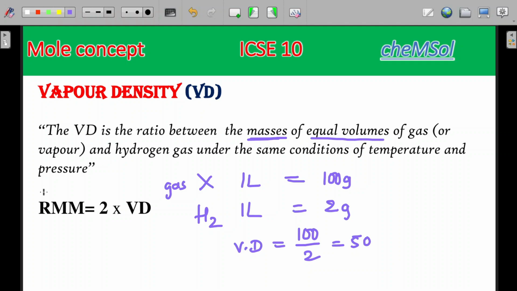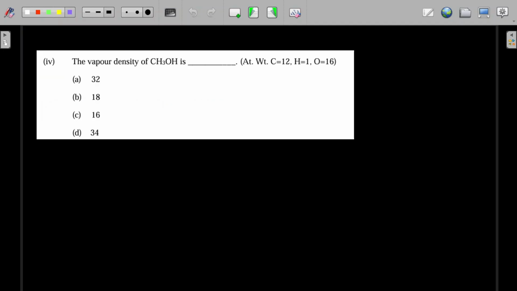And one formula we should know, I think we already remember: relative molecular mass is equal to 2 times vapor density, or vapor density will be relative molecular mass divided by 2. Now, relevant questions here. The vapor density of CH3OH is? Now, how do we know this? You find the molecular mass of CH3OH, methanol. Atomic masses are given.